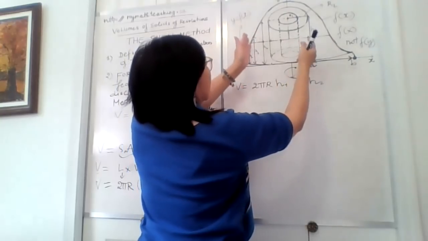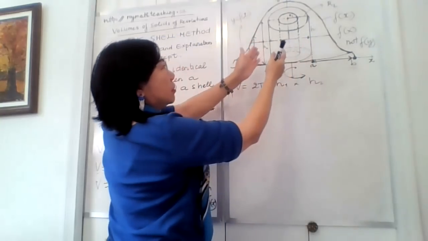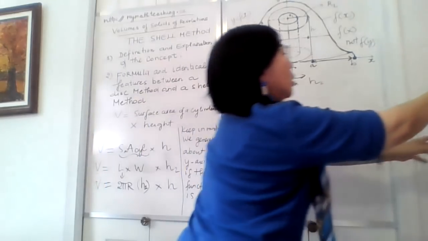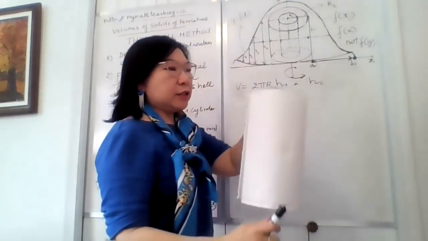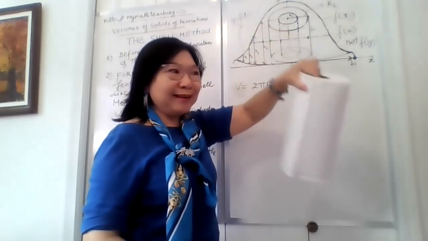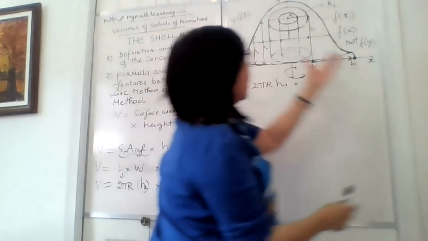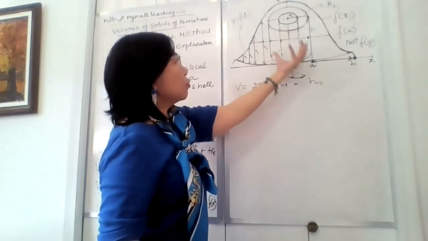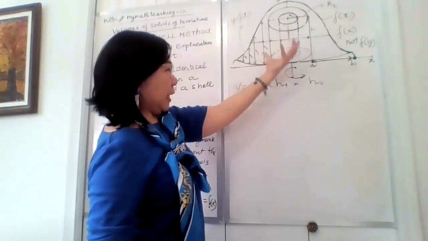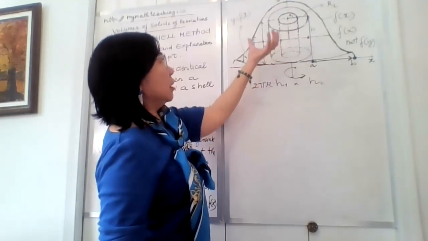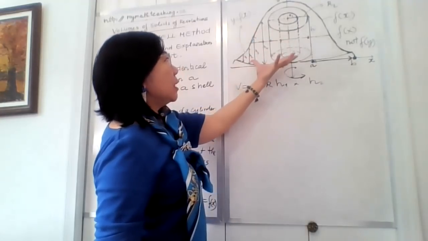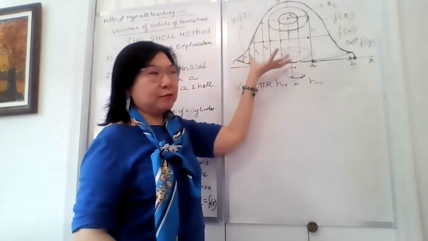Therefore, none of these cylindrical shells has the same size, the same height, or the same radius, like my paper towel, right? Each cylindrical shell here has a different radius and a different height. It's changing, shaped by the height of the function as well as the width of the function, right?